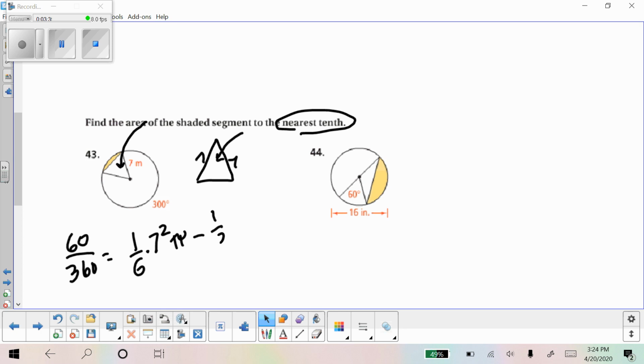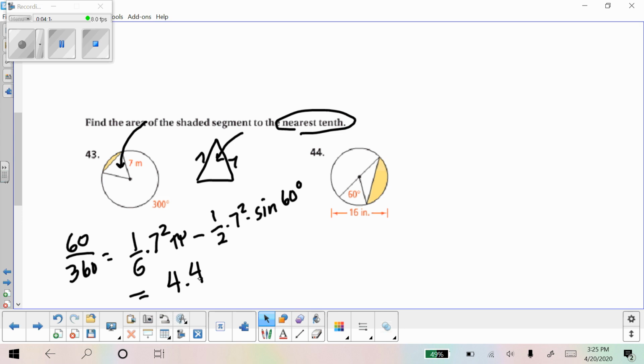So 1/2 times 7 times 7 times the sine of C, and that would be a 60-degree angle. All right, and then I'm just going to put all that in and calculate it all at once and round to the nearest tenth. And rounding to the nearest tenth, I get 4.4.